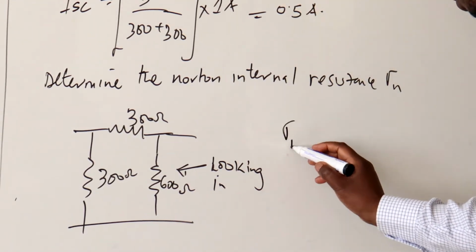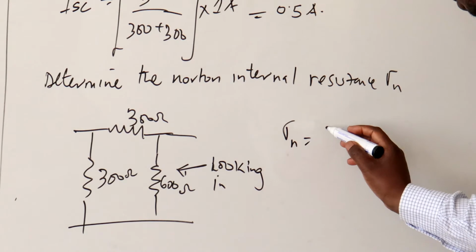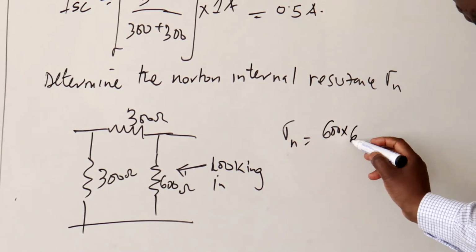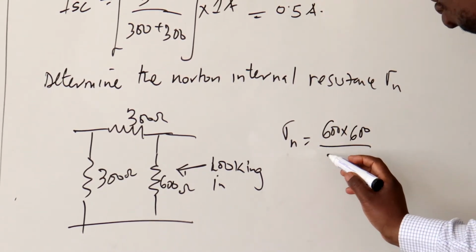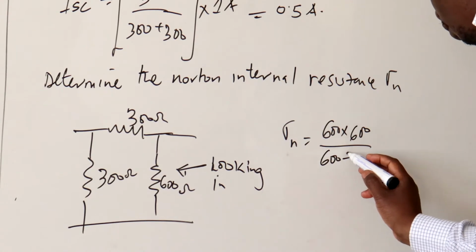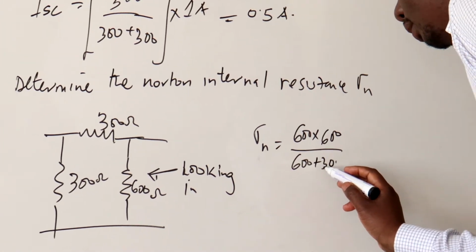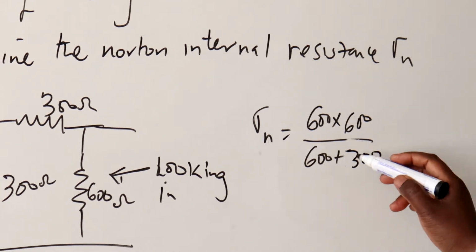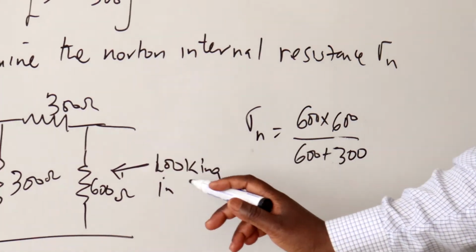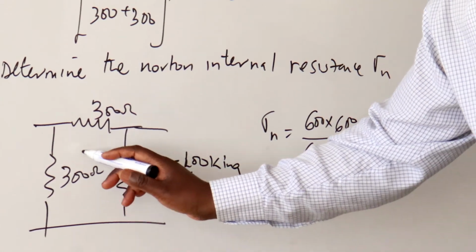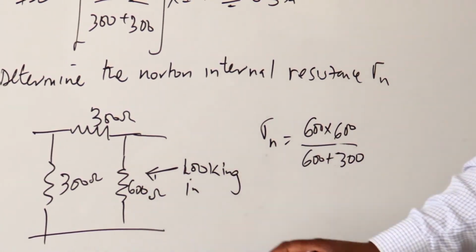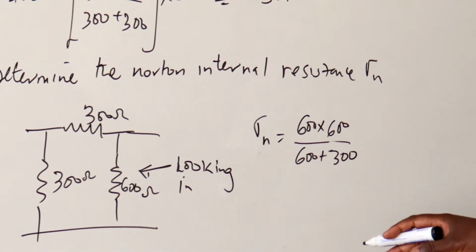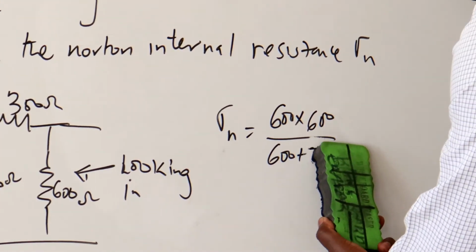So R of N will be 600 times 600 over 600 plus 600. This is because, looking in, the two resistors are in series and in parallel with this 600. So we shall have 600 times 600 over 600 plus 600.